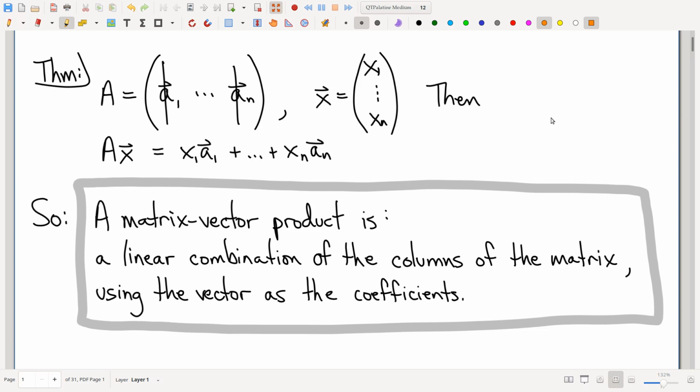I think this one's really well. They all have their moments. They all have their contexts in which they're useful. But there are a lot of situations where this is a much more valuable connection between different ideas. And so, just to focus, matrix vector product, like so, is a linear combination.